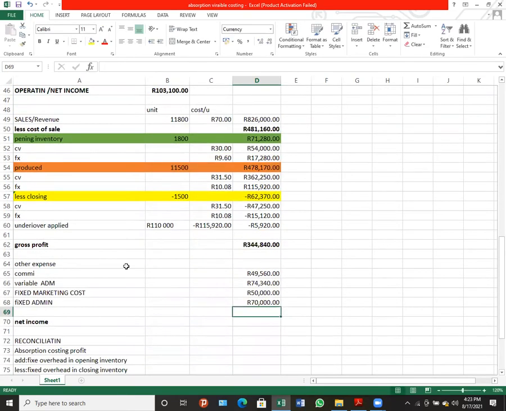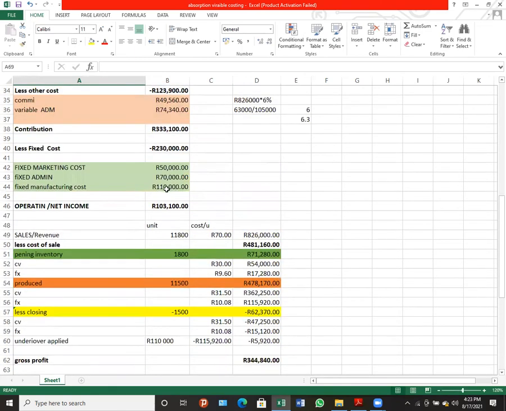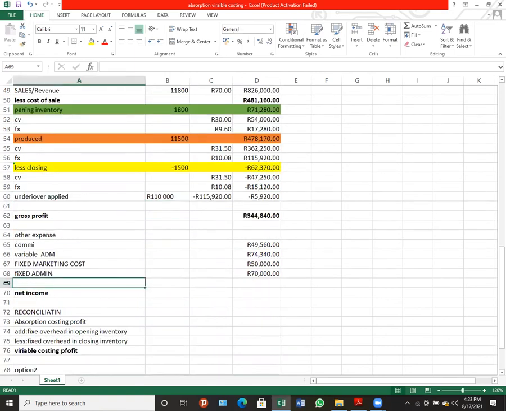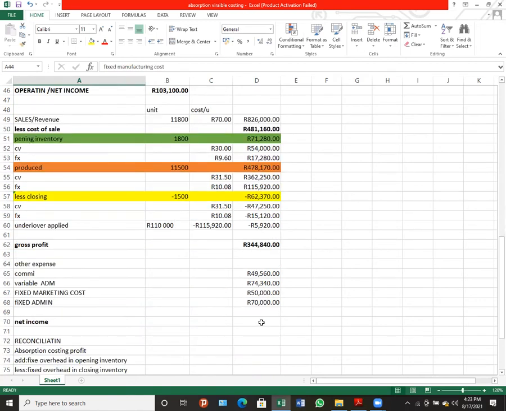Here, guys, we are not including this fixed amount. Why? Because this amount is here, guys. We have used this amount to calculate the over and under applied. That is why under this absorption here there is no fixed manufacturing cost of this amount, guys. Please be careful of this.